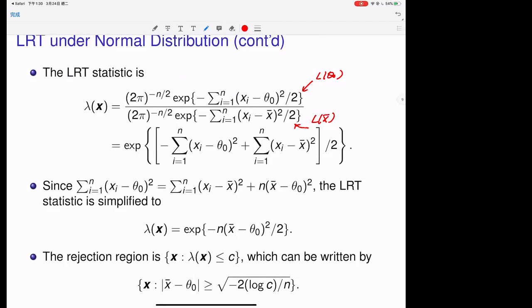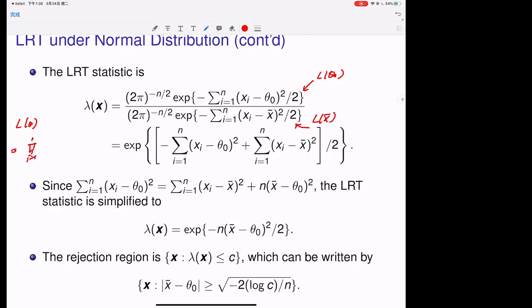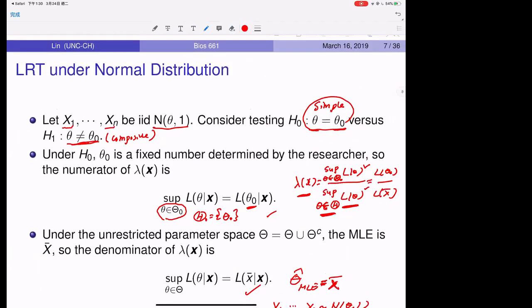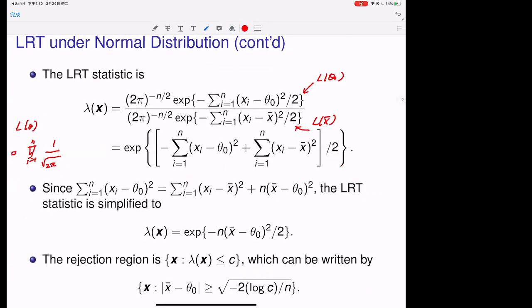Of course, like a function, let me write more clearly. The likelihood function of theta in general is the product over i from 1 to n of 1 over square root of 2 pi, with theta 1, so you don't have sigma squared, then exponential of minus one half (xi minus theta) squared.